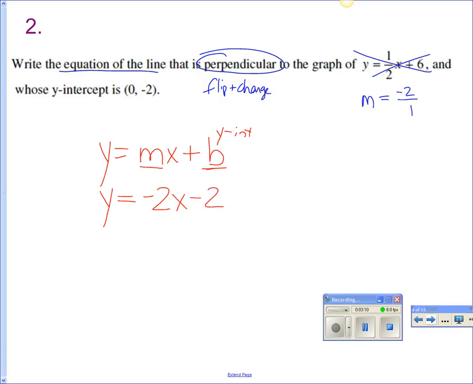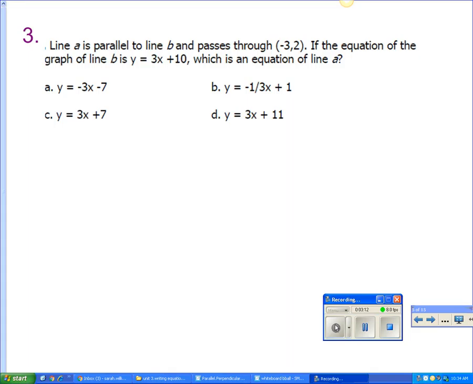Yes, Caitlin? Number 3, line A is parallel to line B and passes through (-3, 2). If the equation of the graph of line B is y equals 3x plus 10, which is the equation of line A? Neve, what's something up here that we can do? Help me with the first step. What's something important? Good.